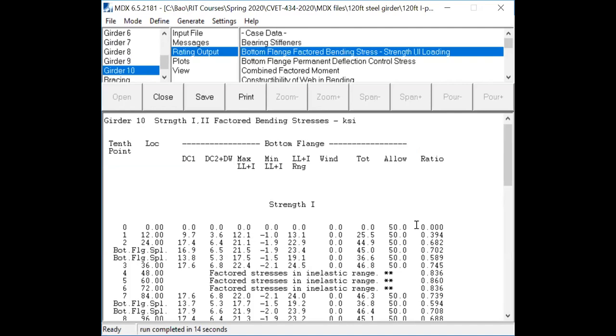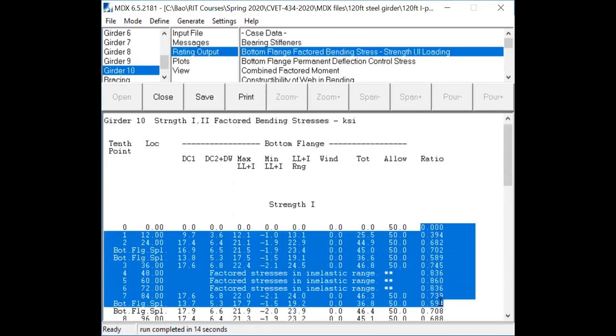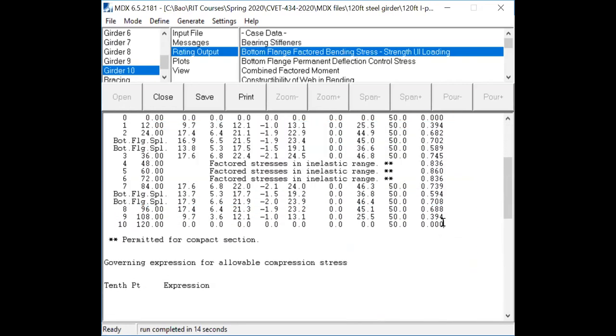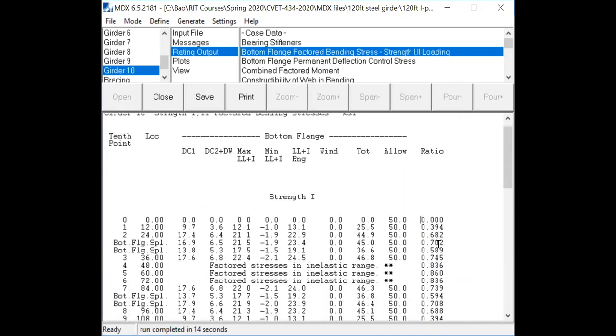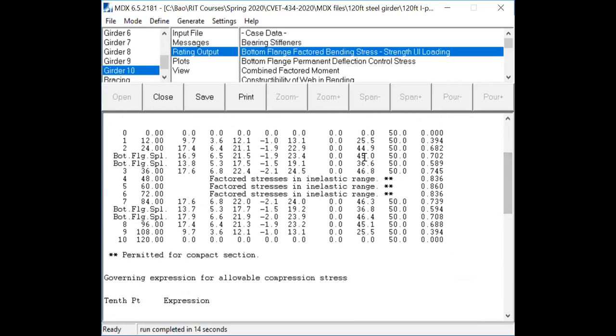So for this ratio, it's at the 10th point, and you can see the design. The last column is the ratio at each point, and if you want to adjust your design, you can refer to this ratio.